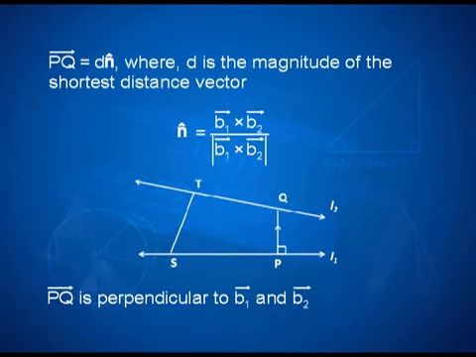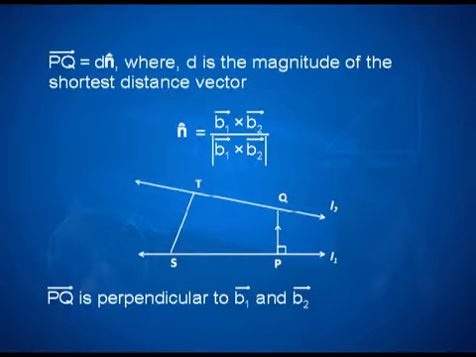The direction of PQ will be the same as the vector n cap, which is perpendicular to both vectors B1 and B2 defining the two lines. And we know that the cross product of B1 and B2 gives us the direction perpendicular to both vectors B1 and B2. Therefore, the unit vector n cap will be B1 cross B2 divided by the magnitude of B1 cross B2.